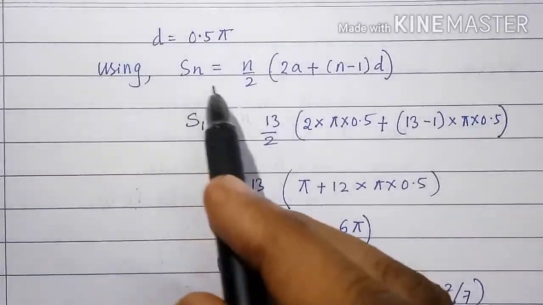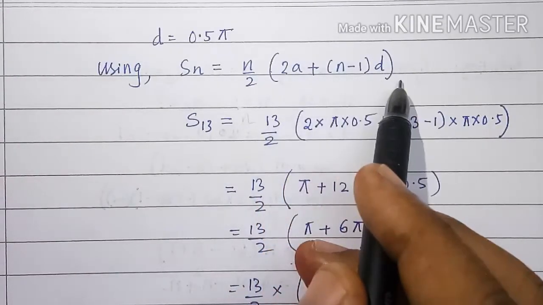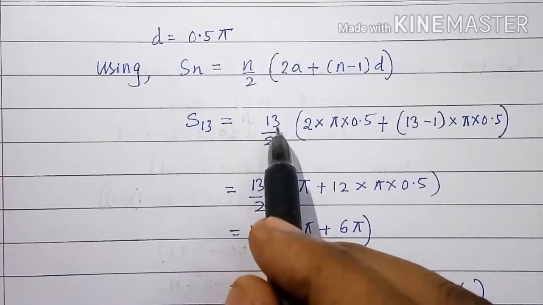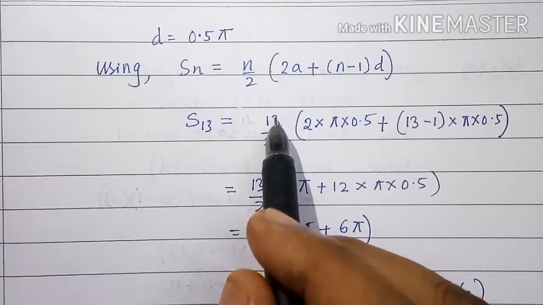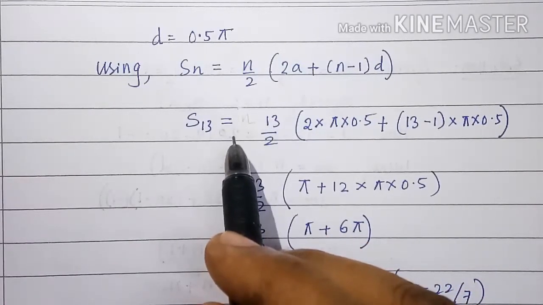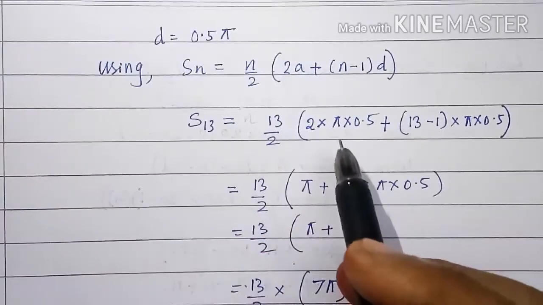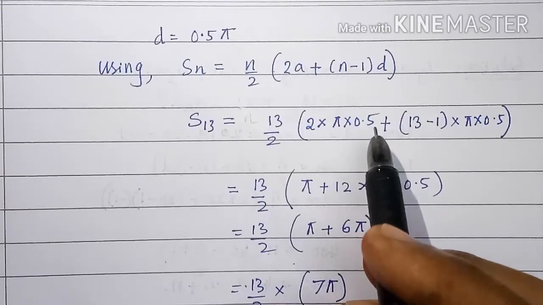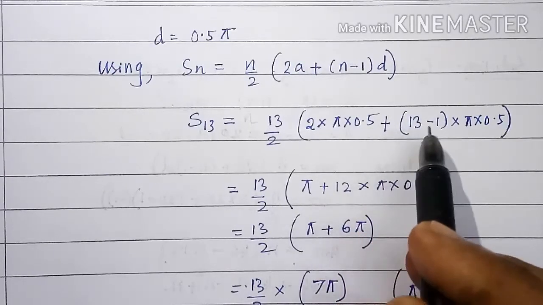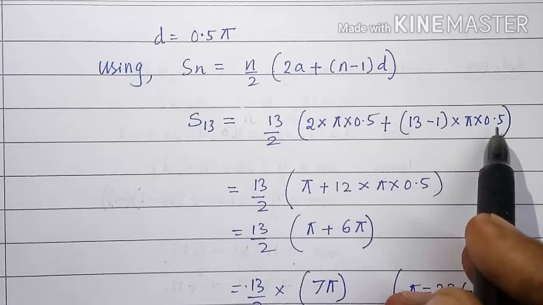Now using Sn equal to n by 2 into the bracket 2a plus n minus 1 into d, n is 13. So we get S13 equal to 13 by 2 into the bracket 2 into pi into 0.5 plus 13 minus 1 into pi into 0.5.